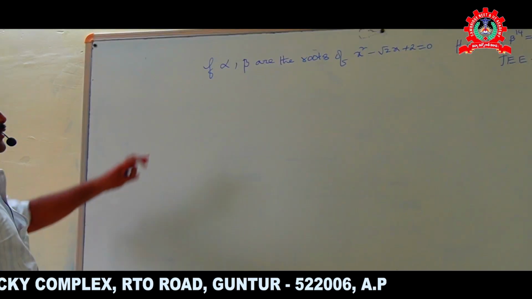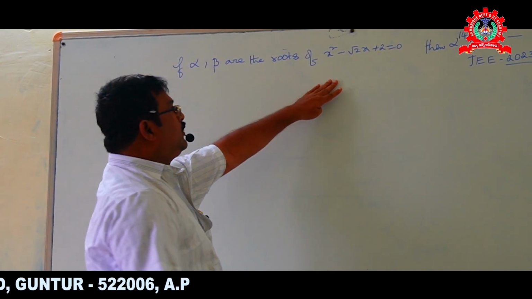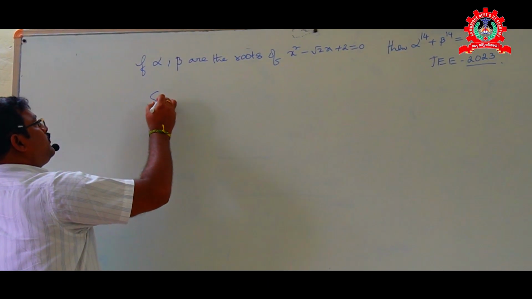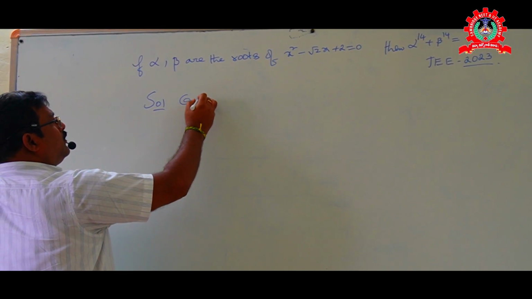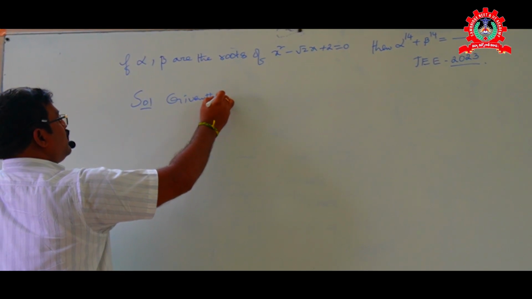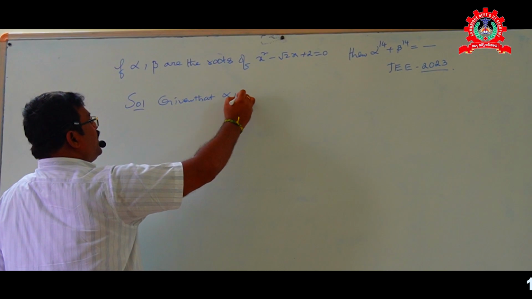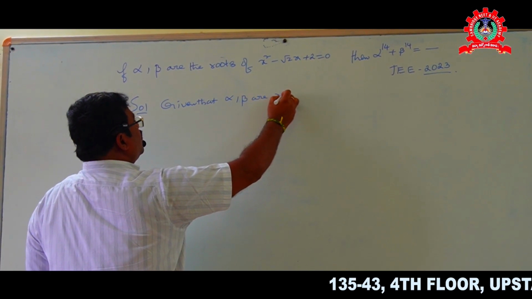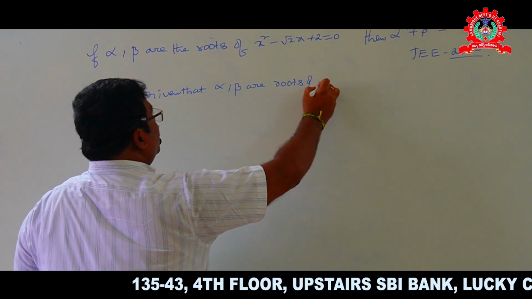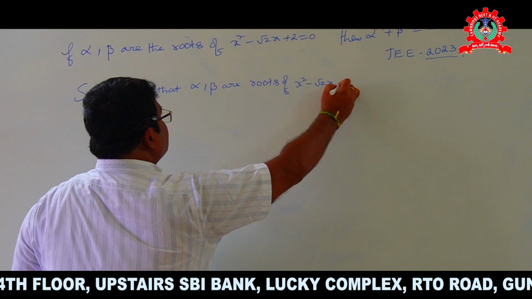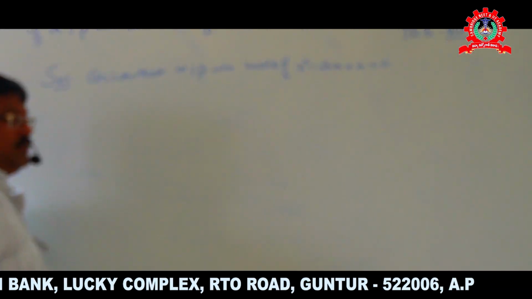If alpha, beta are the roots of the quadratic equation x square minus root 2 x plus 2 is equal to 0.